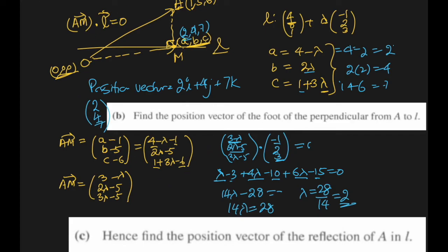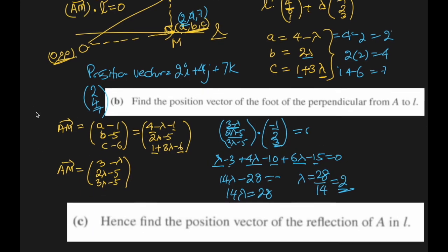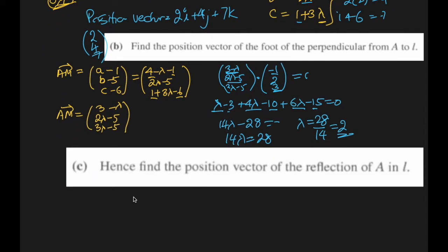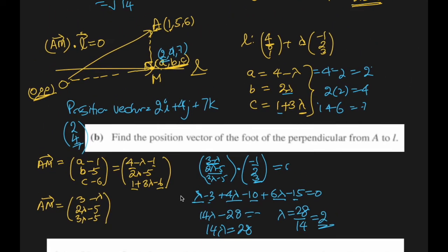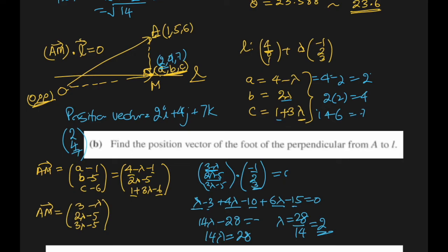Alright, next, hence find the position vector of the reflection of A in L. So let's look here. If I want the reflection of A in L, that means this line will be extended, because for reflection we always draw 90 degrees from the point we want to reflect to the line we want to reflect in, and the same distance on the other side also.